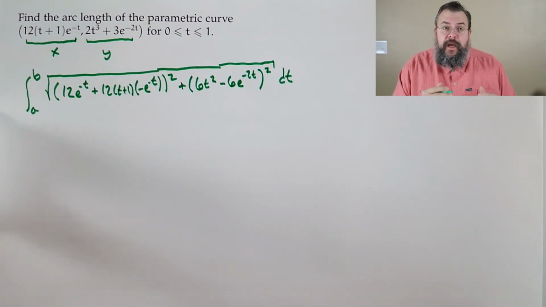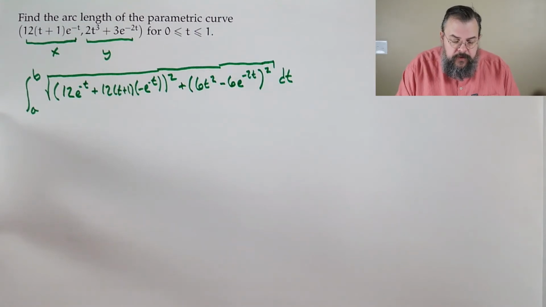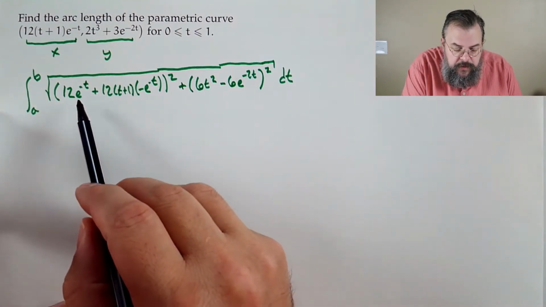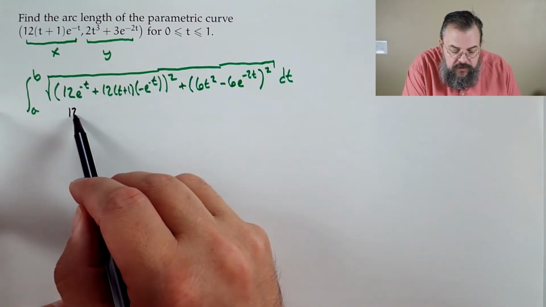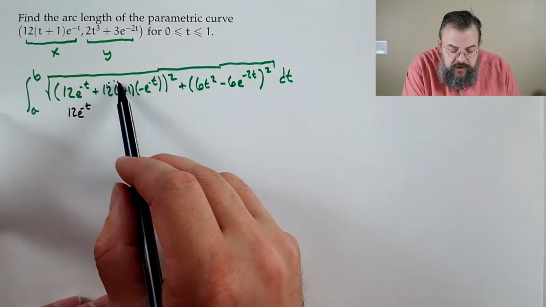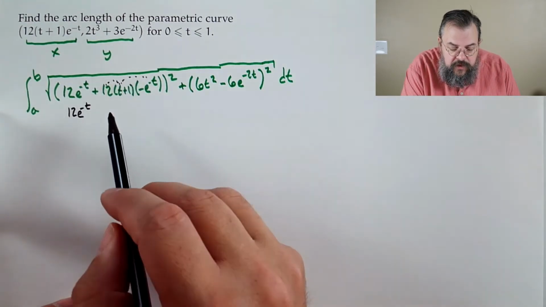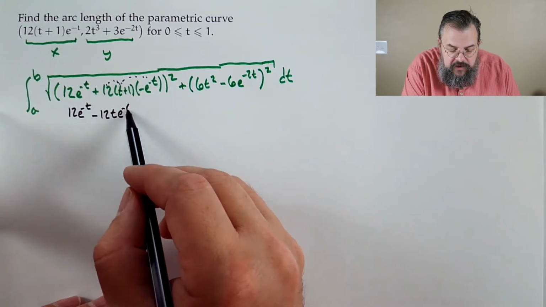And of course, the main thing to focus on is the inside of the square root. That's going to be where most of the work happens. So we're going to start focusing on that. Well, what can we do? Let's start with this first term. We'll expand it here. So we have 1 times e to the minus t. That's fine. Now we can distribute. So this would be minus t e to the minus t.